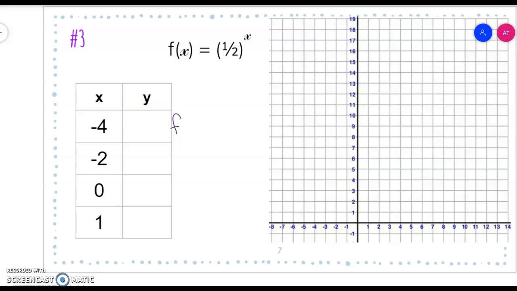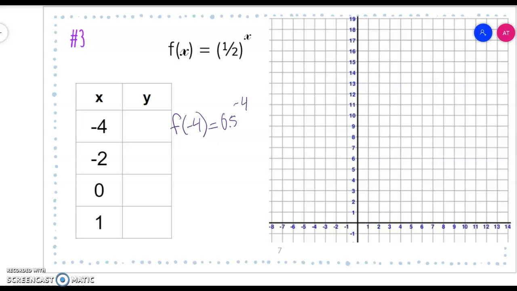So I'm going to take f of negative 4 equals, what's 1/2 as a decimal? 0.5. So I'm going to take 0.5 and put it to the negative 4 power. Well, we really don't like negative exponents, right?